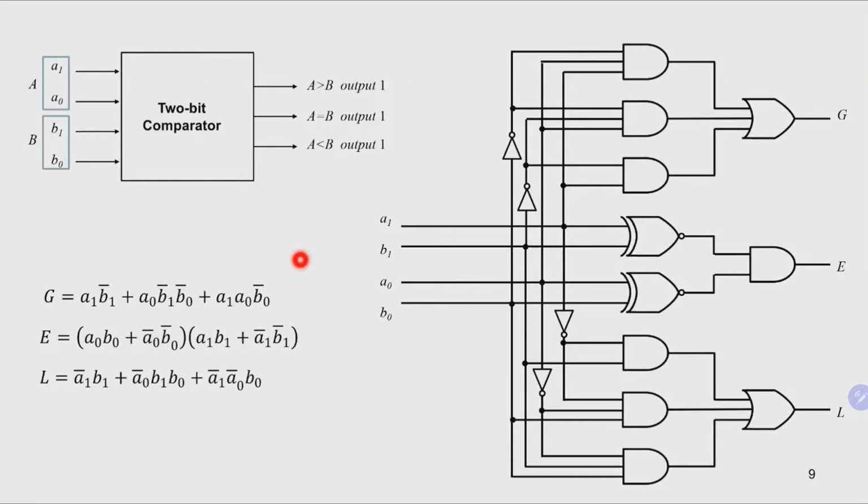Okay, so that is how you can go about designing a combination circuit to achieve a certain purpose. And in this case here, we're trying to do 2-bit comparison.